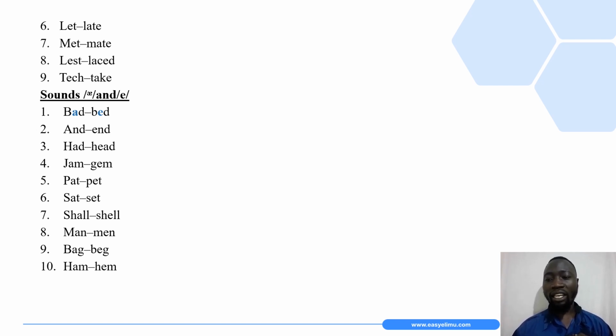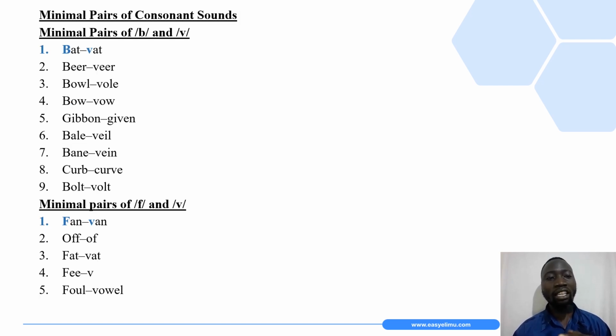So apart from the vowel sounds, remember we say that we also have minimal pairs of consonant sounds. We're also going to look at a few examples before we come to conclusion. So let us look at minimal pairs of the consonant sounds B and V. Under this category, we have examples such as but and vat.